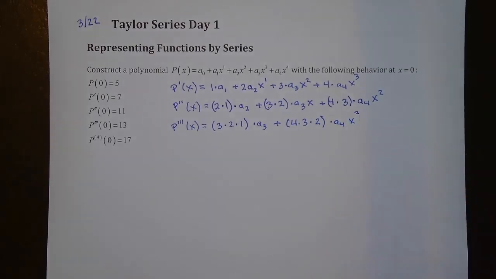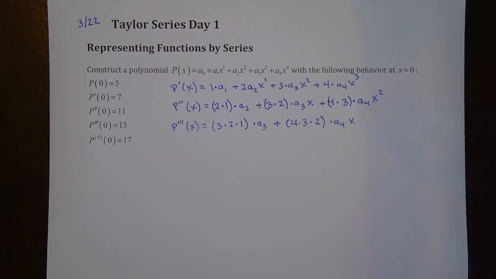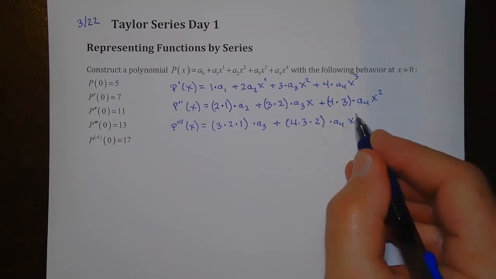No, I'm sorry, x to the first, right? Let me get my white out. X to the first, because we're reducing 1, right? We brought the power down, and that's going to go from 2 to a 1.